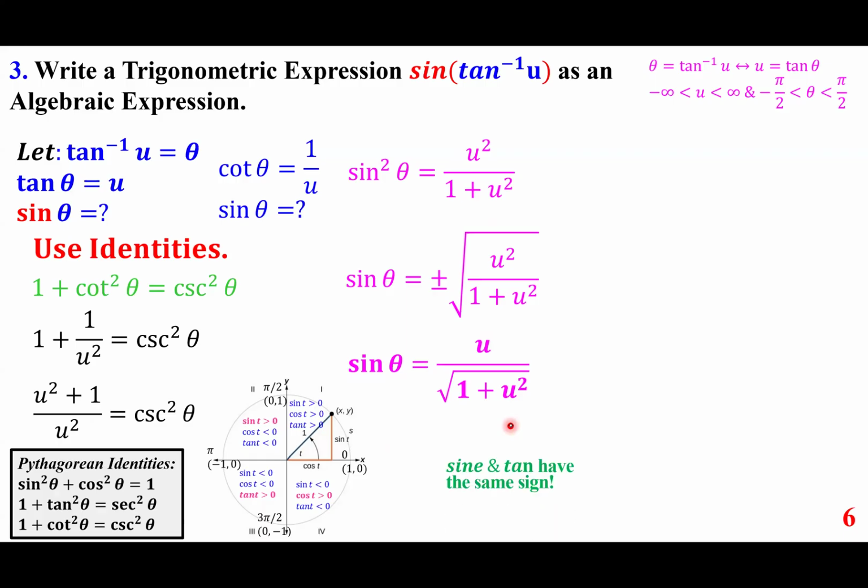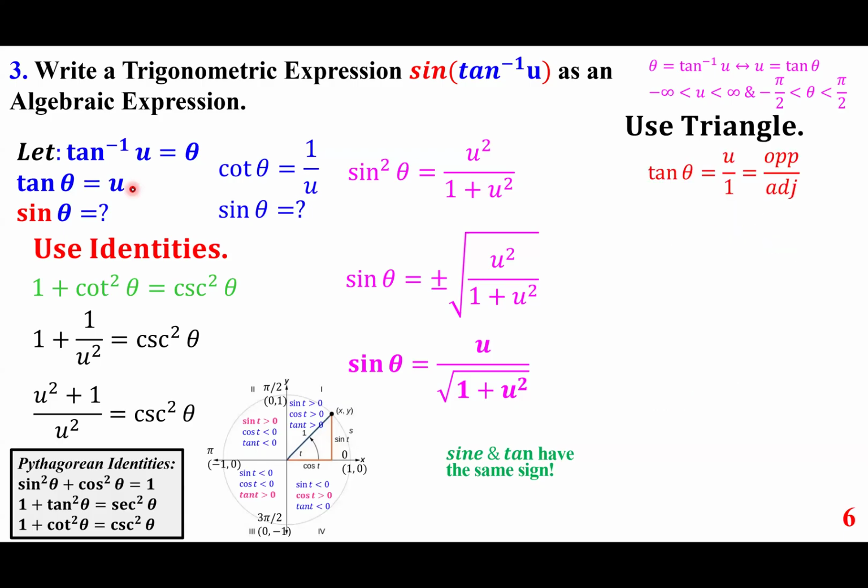Because sine and tangent have the same sign. Remember, the restriction on sine and tangent, both of them from minus pi over 2 to pi over 2, and both of them are positive in the first quadrant, negative in the fourth quadrant. So having said that, here's the triangle. Remember, tangent is u, so you can write it as u over 1. You write it as a fraction, because if you're using a triangle, it's the opposite over the adjacent.